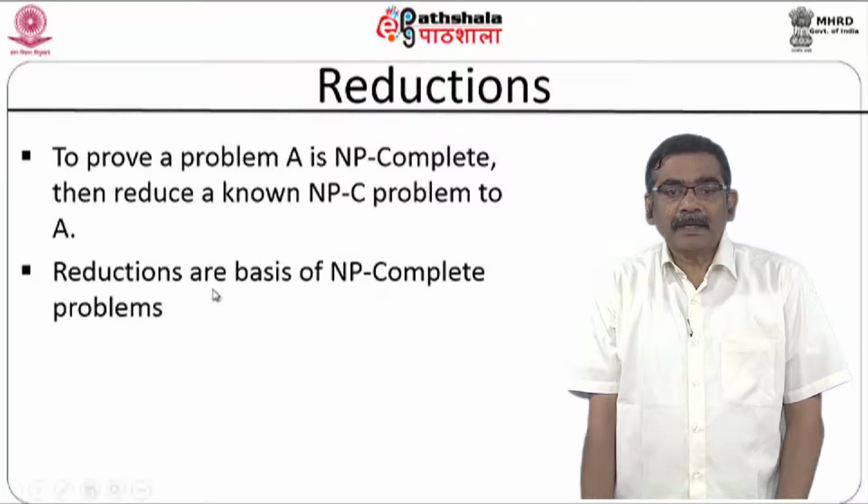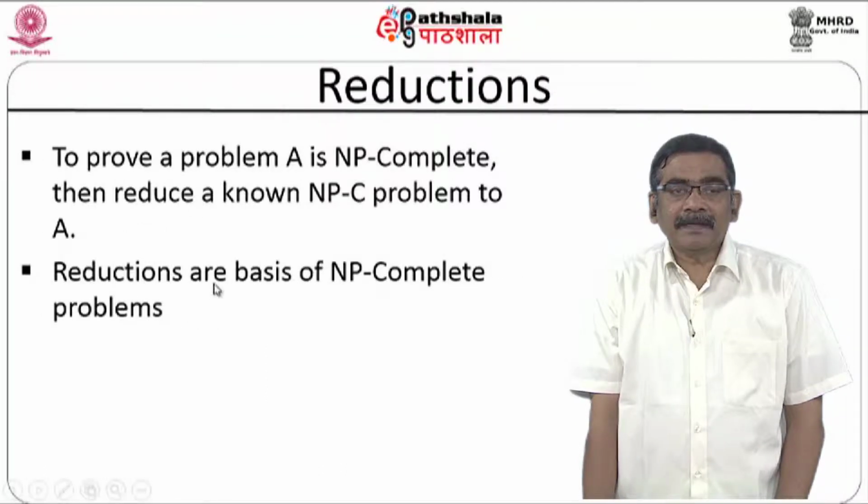So, here the most important thing is reduction. What is a reduction? Reduction is very simple. If I want to say that a problem A is NP complete, then I have to take some other well known NP complete problem, and then I have to reduce that to the given problem A. If I am able to do that, I can say that problem A is NP complete.